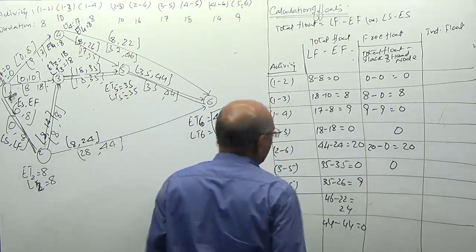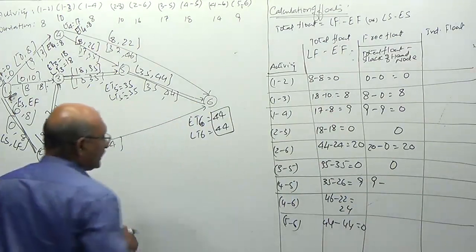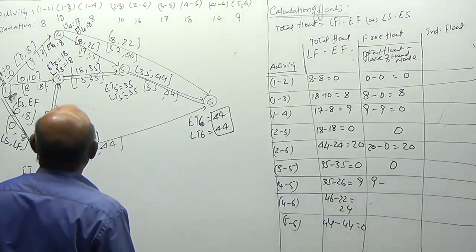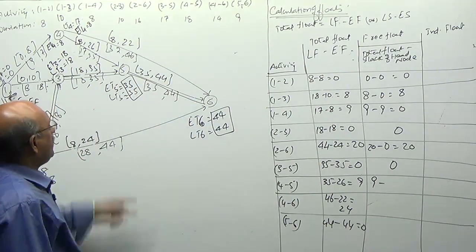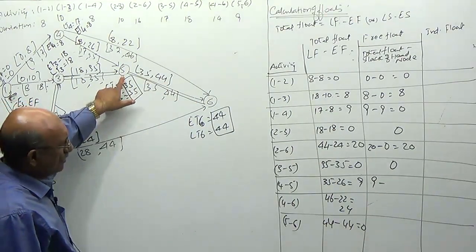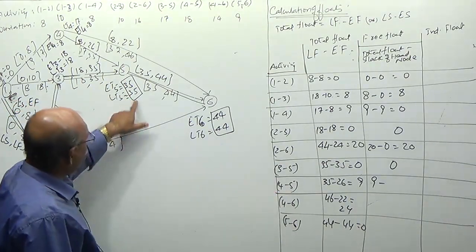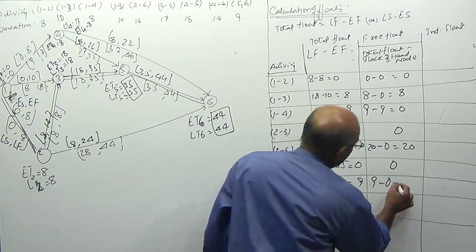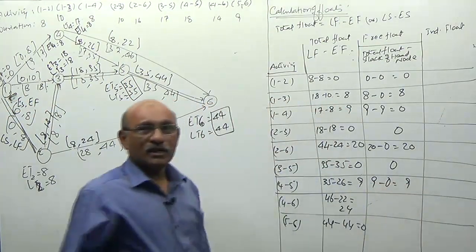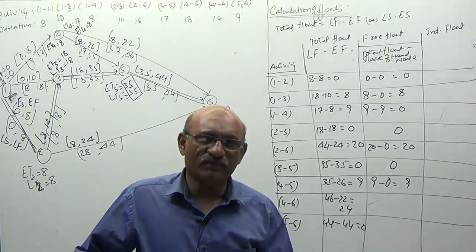This is a critical path activity. 4-5 is 9, 9 minus... activity 4-5. At node 5, this is the head node. 4-5, 5 is the head node. What are the timings? 35, 35, 0. So this is equal to 9. What will this 9 tell you, sir? It can use all the 9 days of free time.